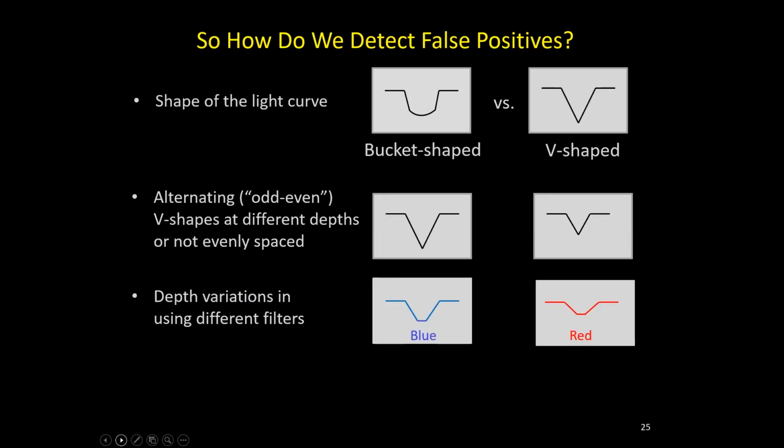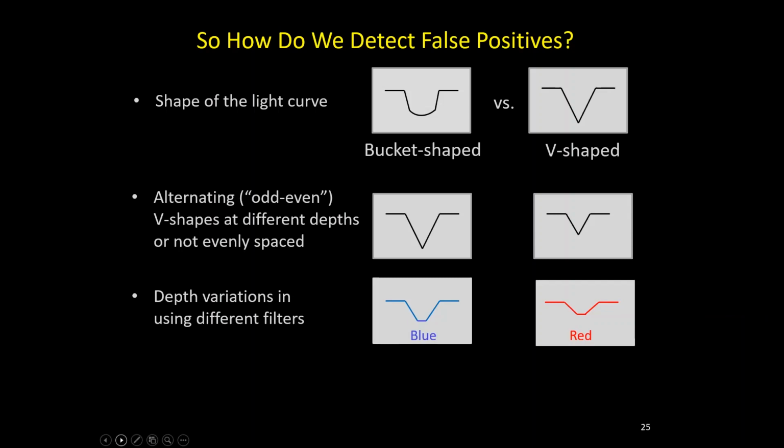If we see a difference in chromaticity, that's to say, if we use a blue filter we get a certain depth, and if we use a red filter we get a different depth, more than likely this is an eclipsing binary, because an exoplanet will cause a dip in light, but not a change relative to differences in color.